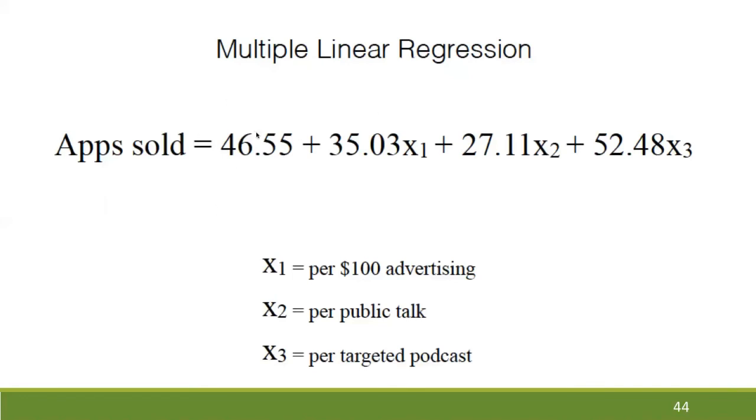Even if I don't do anything, this is how many apps are going to be sold. But if I do $100 marketing, which is X1, multiply by that many $100 of marketing, I will get 35 more apps sold. If I do a public talk, I'll get 27 more apps sold. If I did a targeted podcast, that will give me 52 more apps.